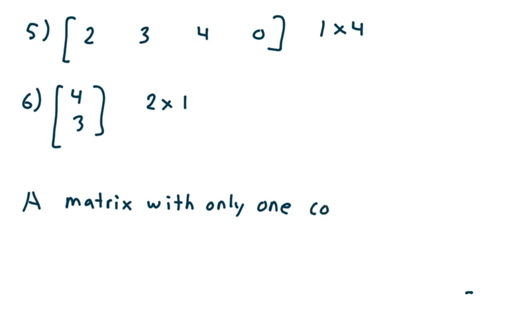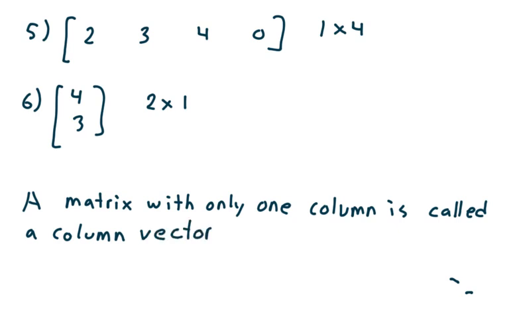A matrix with only 1 column is called a column vector. For example, if we go back to example 6, that's a 2 by 1 matrix. So notice there's 2 rows, 1 column, and hence that's a column vector.